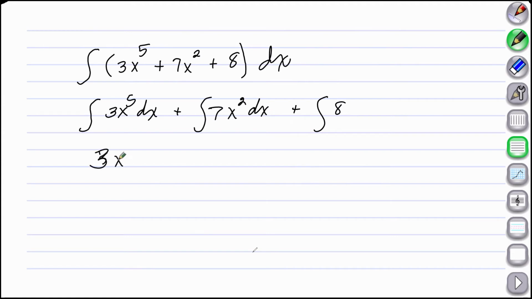This would be x to the 6 over 6 plus this would be 7x to the 3rd over 3. See? It's pretty easy to do them. You're just adding 1 and putting it over whatever that thing is. But here, this is going to be 8, but we're going to add an x. You know how we usually said that was 0 when we were doing derivatives? Now it's going to be 8x.